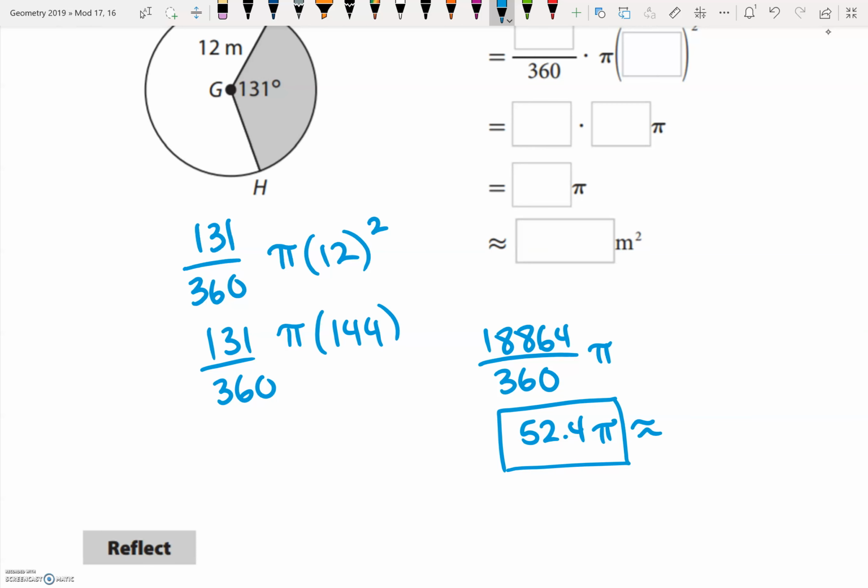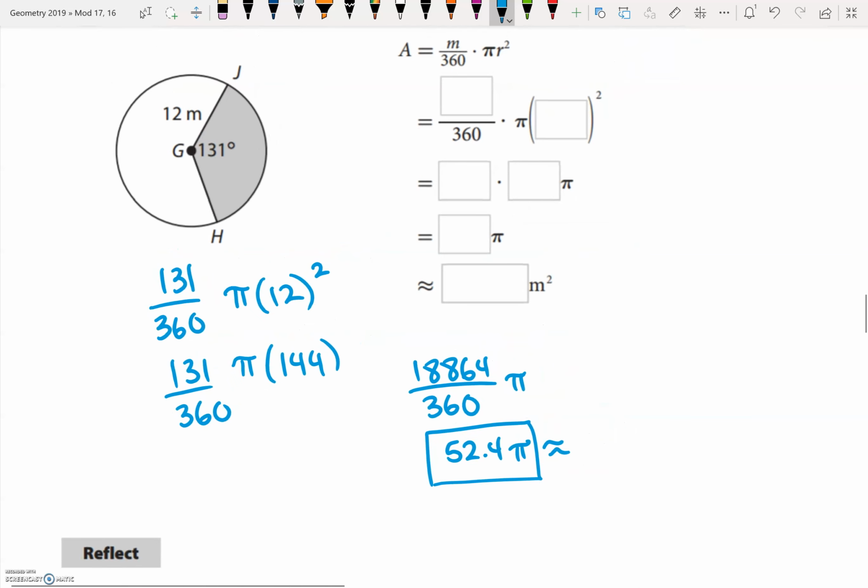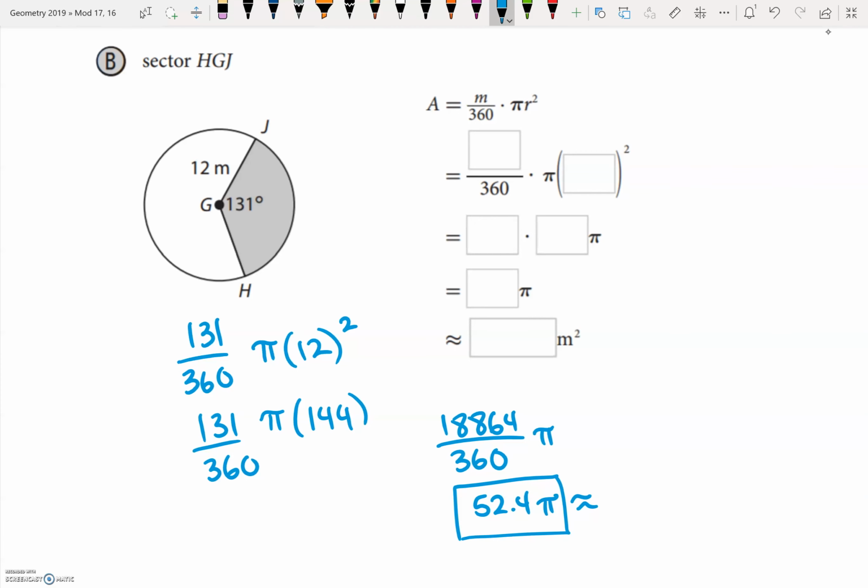However, if we wanted to round, because let's say this represented how much pizza you're going to eat or how much space something was going to take up, then leaving things in terms of pi doesn't make sense. But if it's the most accurate answer, we want to leave it in terms of pi. Those would be our two reasons for rounding answers or leaving them. We want to put our units, which is meters squared. So meters squared here.